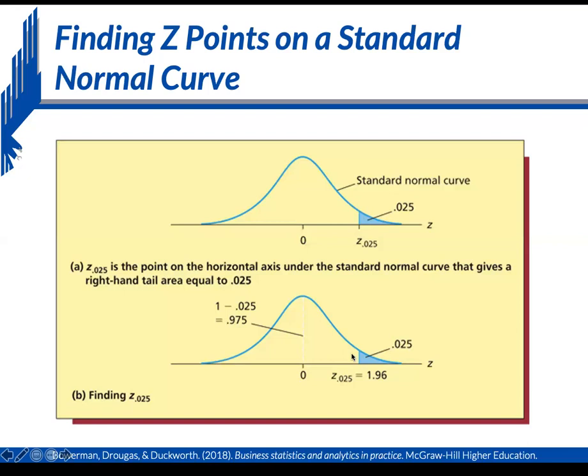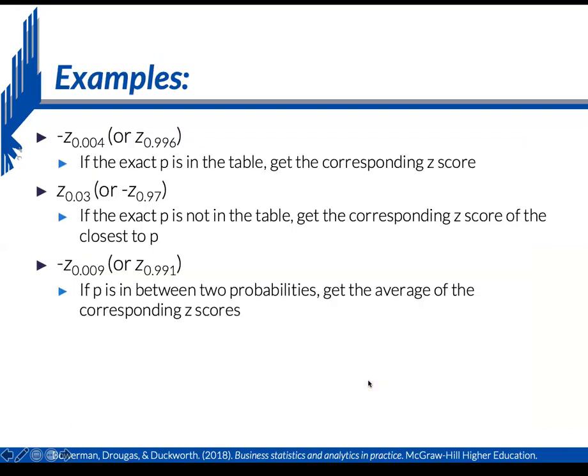But the norm for z-scores is to use whatever notation will use a smaller value for the subscript. Usually, the subscript should be less than 50%. That's why between negative z sub 0.975 and z sub 0.025, this is the more commonly used way to denote 1.96. So we have here some other examples.